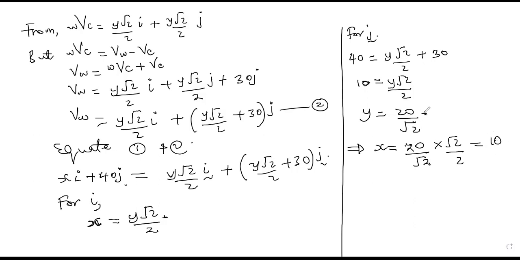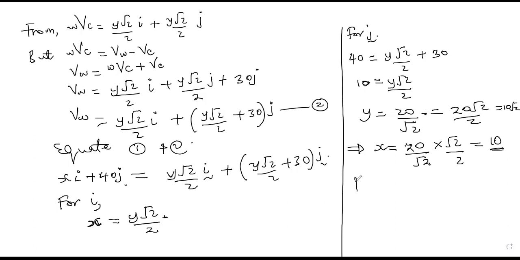And here you can see y is 20 over root 2. So you can multiply root 2 up and root 2 down. This one can really be rationalized, so it is going to be 20 root 2 over 2, which is 10 root 2.